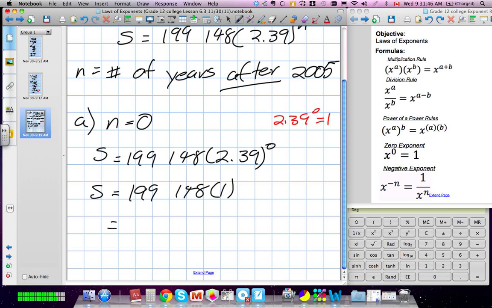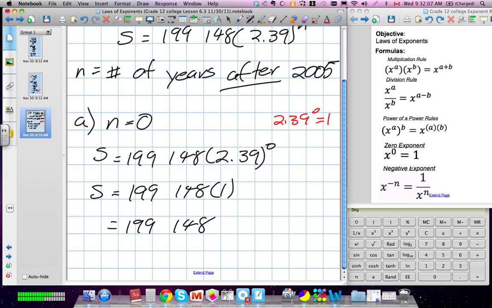Okay, now let's make sense of this. What does n equaling 0 mean to us? What year are we in when n equals 0, Aiden? Matthew? Pardon? 2005.